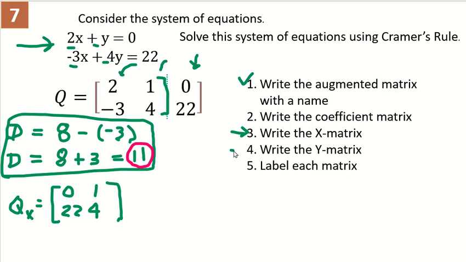We're going to write the Y matrix. The original matrix Q, we want the Y matrix of that. So we're going to take out our Y's, leave our X's, and replace the Y's with the constants.